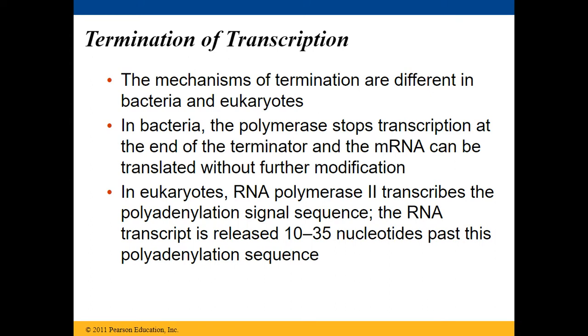But in eukaryotic cells, the RNA polymerase II that just finished transcribing that sequence has to then pass it along to a transcript that gets released at about 10 to 35 nucleotides past that end sequence. So it then can go through a processing stage so it can leave the nucleus.